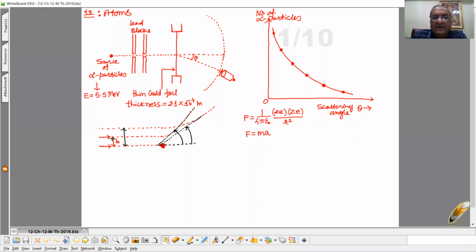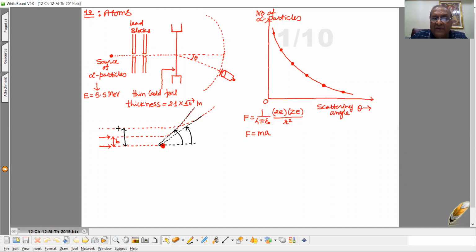Now see, if the impact parameter is small, it implies that the alpha particle is passing very close to the center of the atom. So if it is passing close to it, then it will experience more repulsive force, so scattering will be at a larger angle.